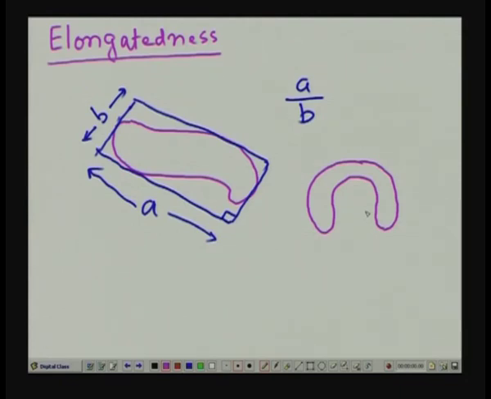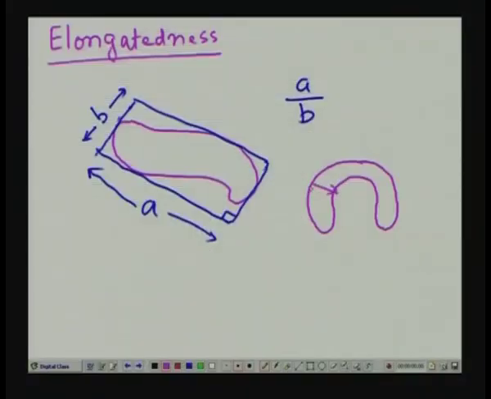So, in such cases, to define the elongatedness of this kind of region, what I have to take into consideration is the thickness of this elongated region along with the length of the elongated region. So, one way of finding out the elongatedness for such curved region is like this.